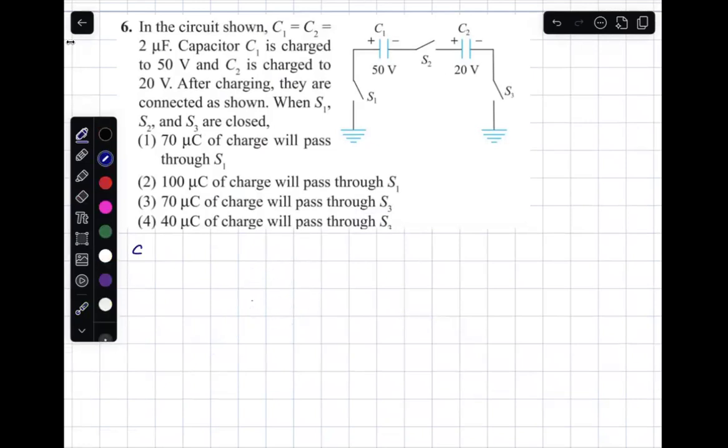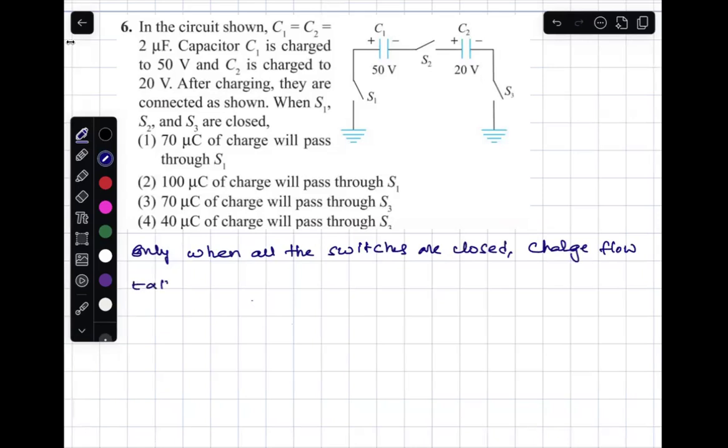So only when all the switches are closed, charge flow takes place. Now what is going to happen? Right.